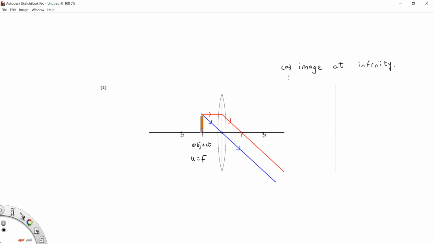An undefined place, an undefined length, a never-ending length. You will never see it. Not exactly like this, but if I am on this side of the lens as a viewer, that viewer would be seeing a highly magnified image.